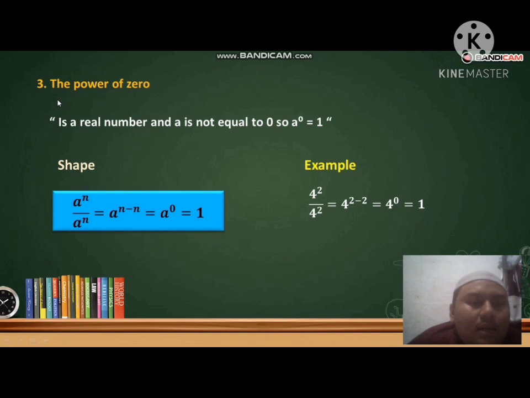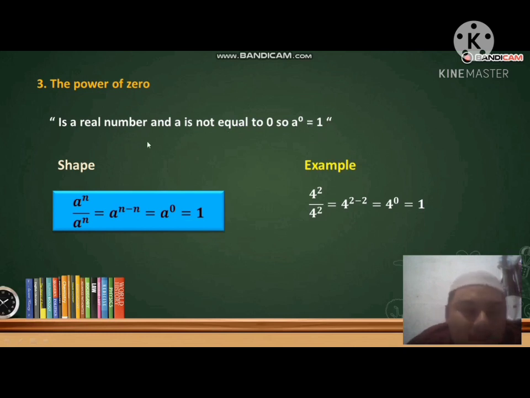Okay friends, the next material. Number 3, the power of 0. What is the power of 0? For a real number a not equal to 0, a to the power of 0 equals 1.